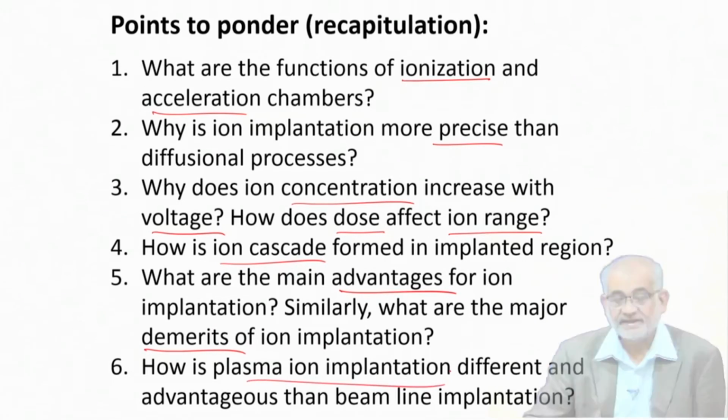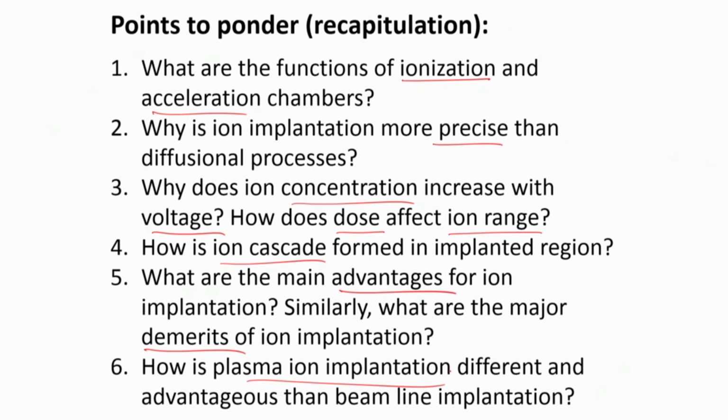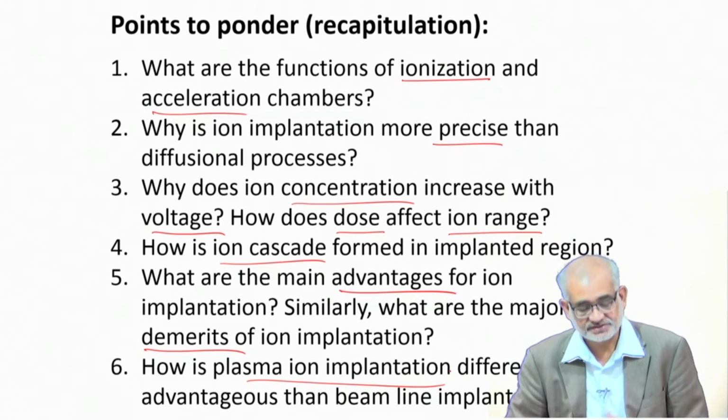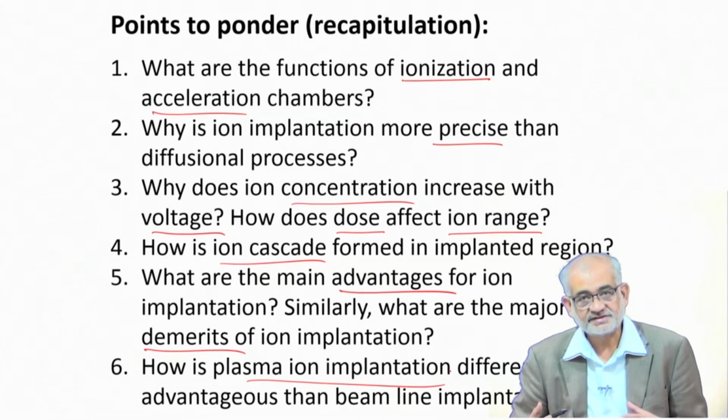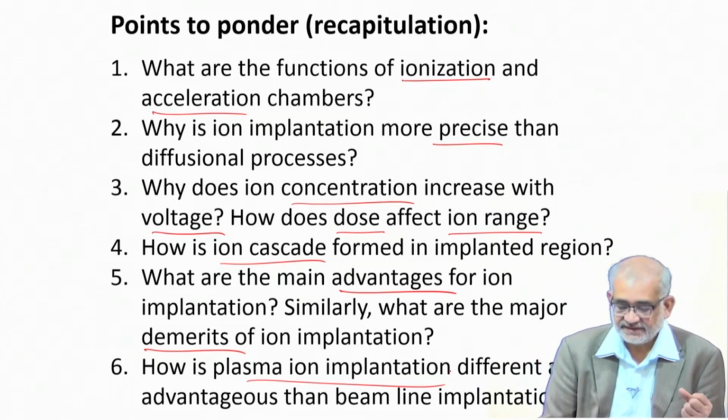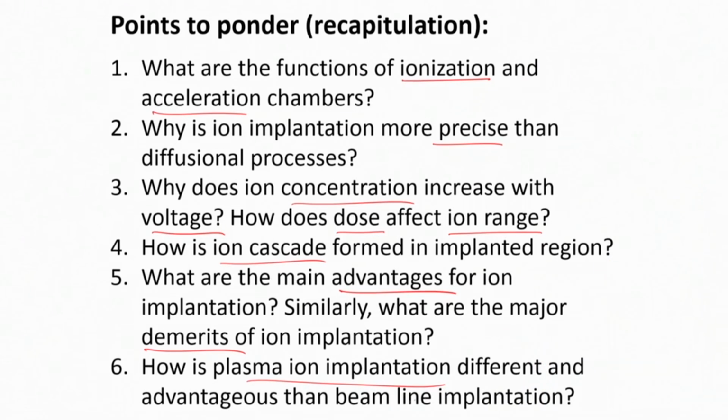And then at the end, I did mention plasma ion implantation as a process based on implantation from an ionic atmosphere surrounding the sample being immersed in it, and hence it becomes a non-line of sight process and gives you a very uniform implantation throughout.